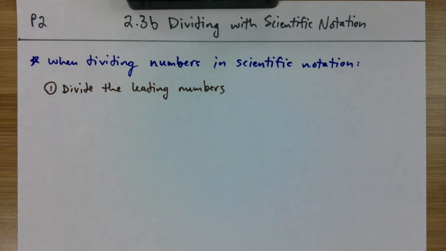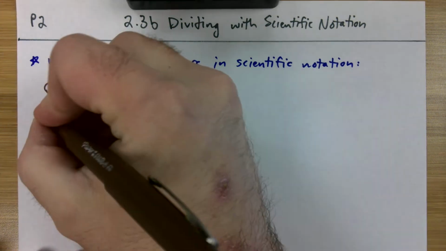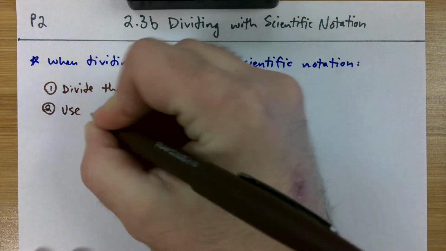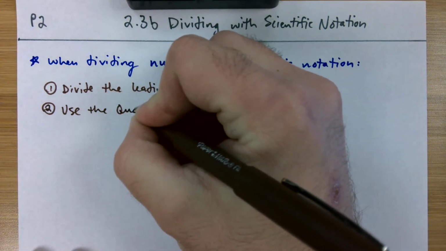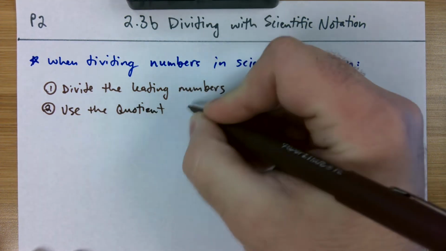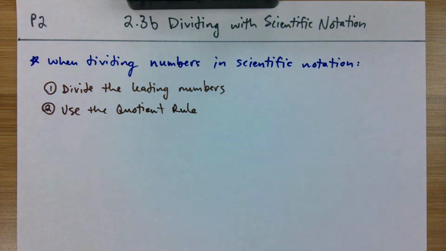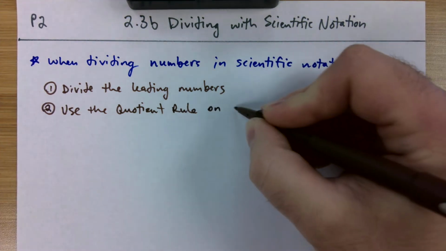So the first thing we're going to do is divide our leading numbers. Then we're going to use the quotient rule on our powers of 10.